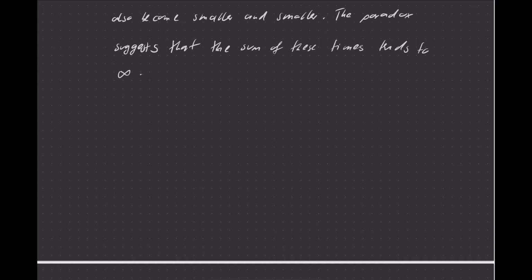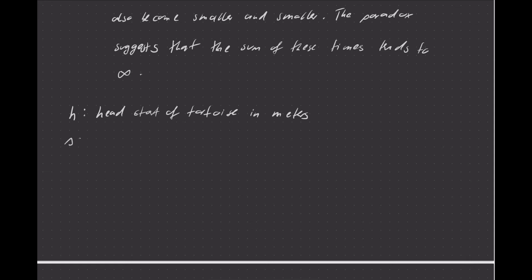Let's say we have the following parameters. Let h be the head start of the tortoise. We'll measure that in meters. Let small s and capital S be the speeds of the tortoise and of Achilles.